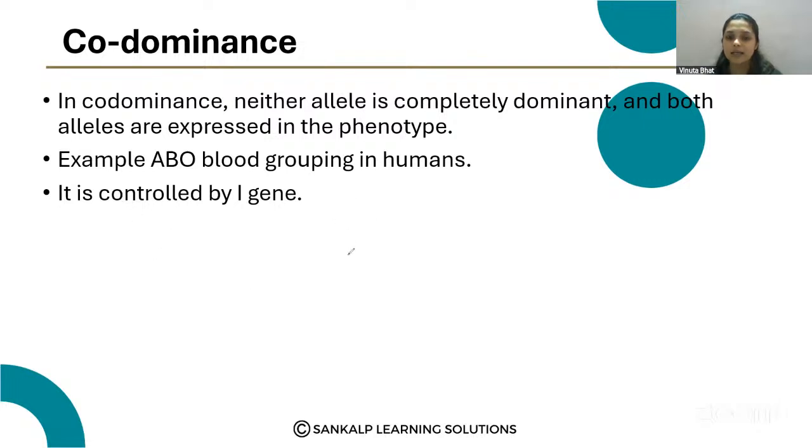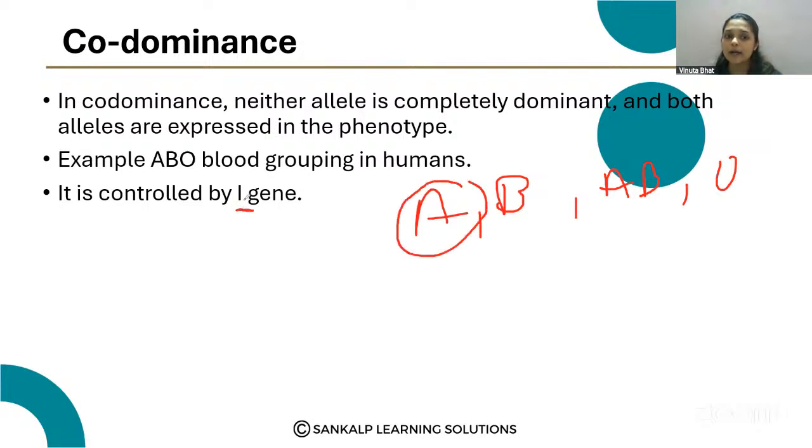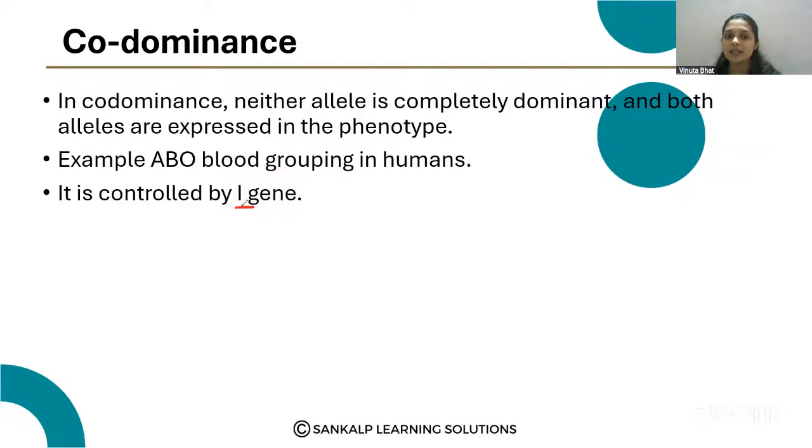ಹಿಯರ್ ಇನ್ ಹ್ಯೂಮನ್ ಬೀಯಿಂಗ್ಸ್ ಅಲ್ಲಿ ನಿಮ್ಗೆ ಗೊತ್ತಿದೆ ಬ್ಲಡ್ ಗ್ರೂಪ್ಸ್ ಇದೆ ಅಲ್ವಾ? A ಬ್ಲಡ್ ಗ್ರೂಪ್, B, and AB, O blood group ಇದೆ ಅಲ್ವಾ? And here this blood group of human beings is controlled by gene I. Okay, so this blood group is controlled by gene I. Here this I gene is having 3 alleles.